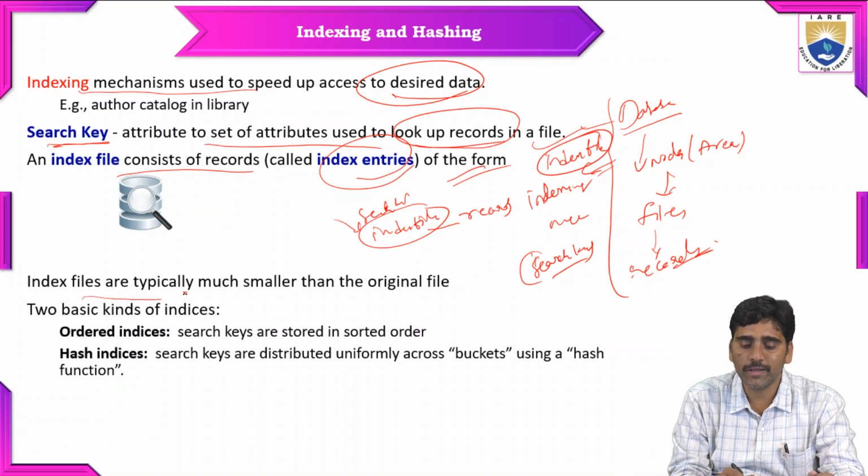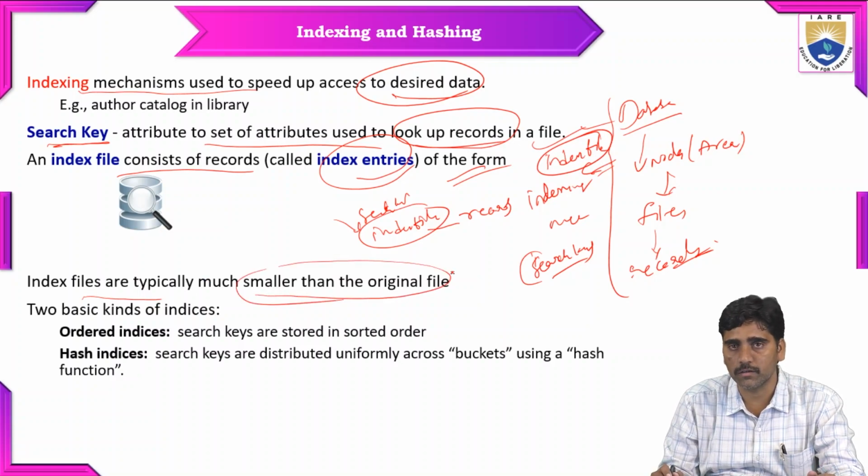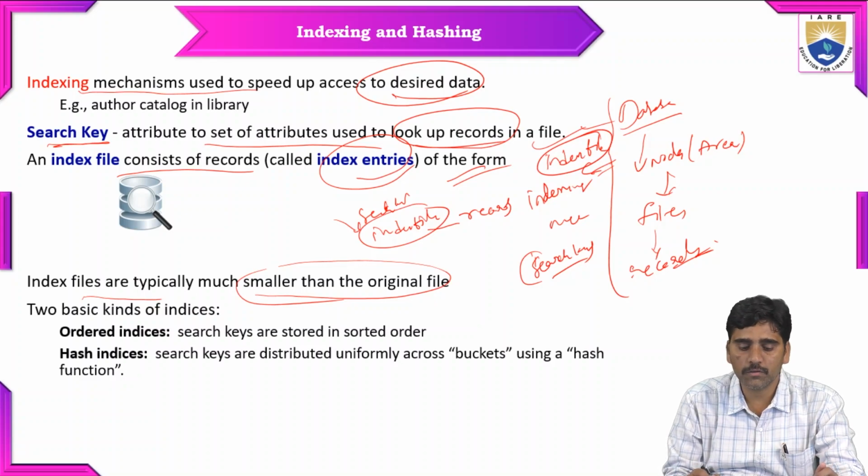Index files are typically much smaller than the original file. There are two basic kinds of indices: one is ordered indices and the second one is hash indices.